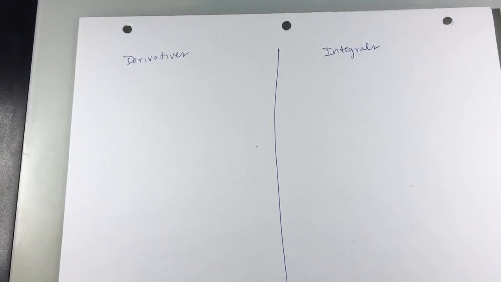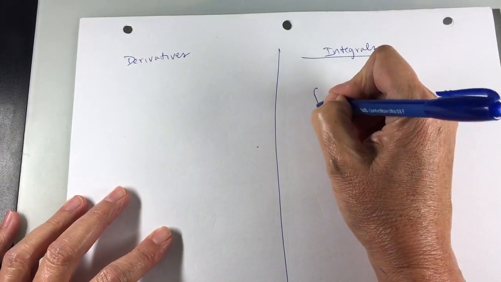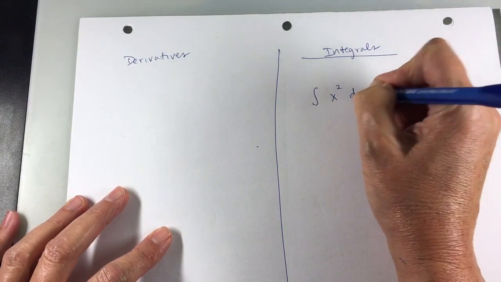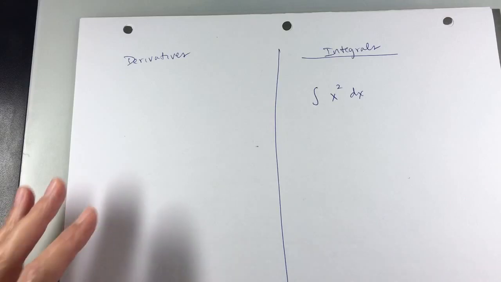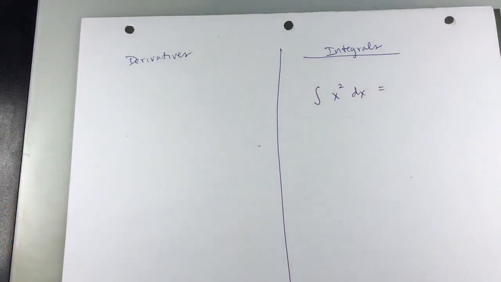So on the integral column, I want to do something like the integral of x squared dx. Because I'm looking at this and I'm thinking, well, when I did derivatives, I would take the exponent, put it in the front, multiply, and subtract.